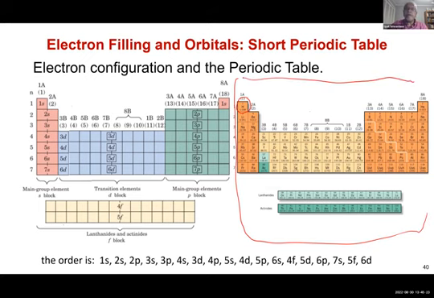Hydrogen is here. Atomic number of hydrogen is 1. There's 1 electron in hydrogen.